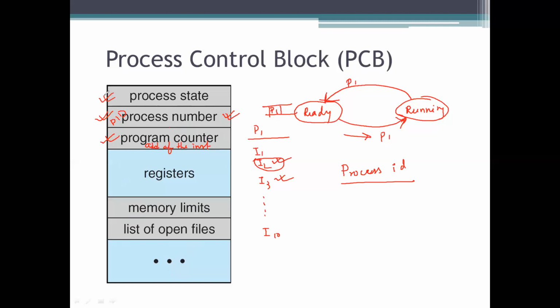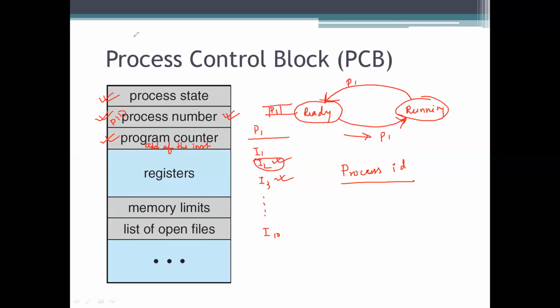There is another important field which is called the process state. Inside the PCB there are many fields, and all of them are related to the process which is in execution, or in the ready state, running state, waiting state, or any one of the states.